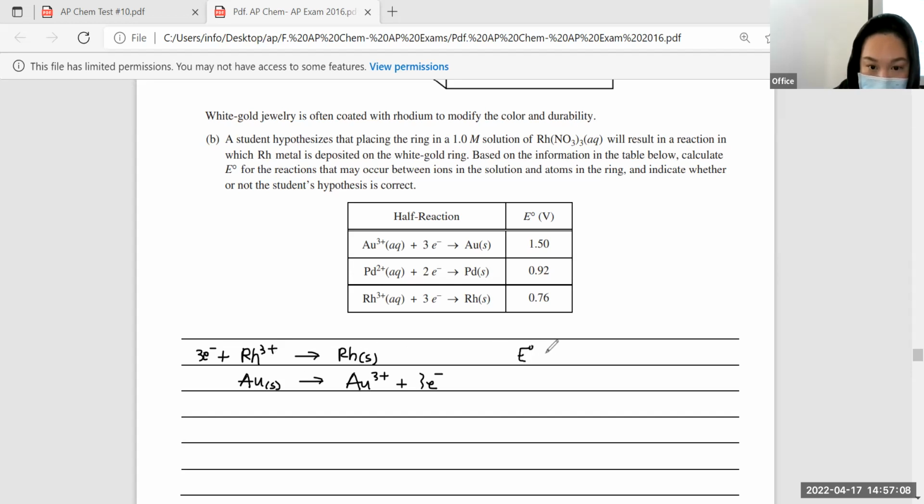E is 0.76. This guy, E is negative 1.5, right? So what is that? Negative 0.74 volts, right? Will this battery run? No.